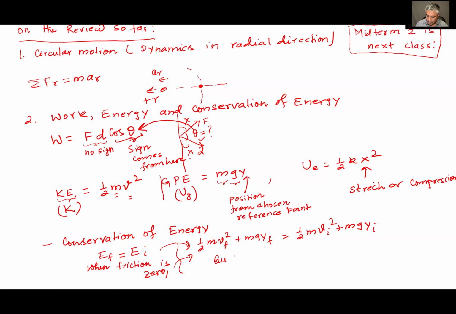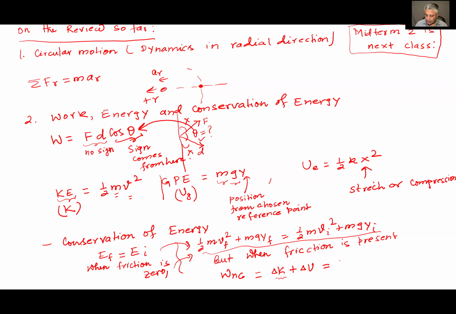But when friction is present, we write the work done by that friction force, or we also call that non-conservative force, is equal to the change in kinetic energy plus the change in potential energy. And you can expand that like this.